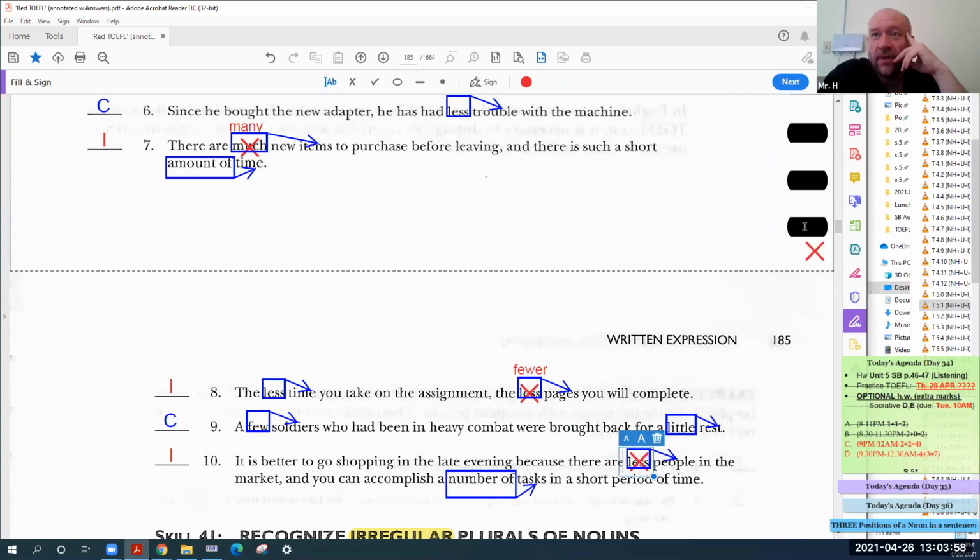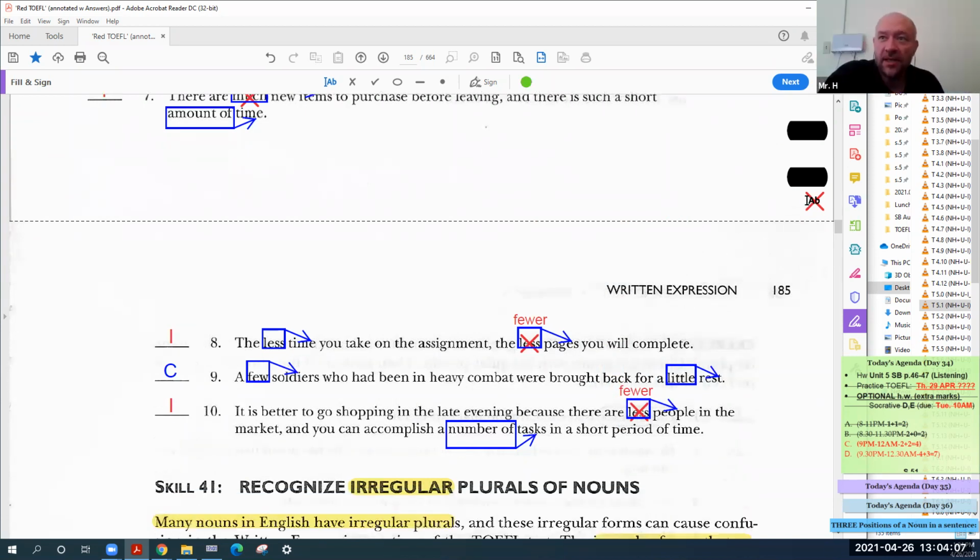Just remember that we often say this in spoken language. We say less people, and sometimes even English teachers say that.